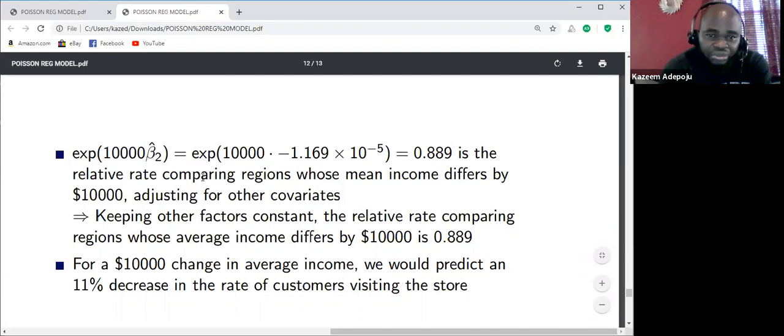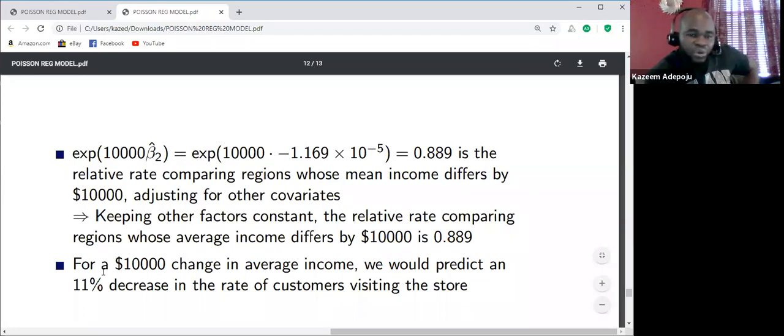Here, the rate is comparing regions whose mean income differ by $10,000, so I'm going to use 10,000 to multiply that before I take the exponential. That gives me 0.889. So that is a relative rate. Keeping other factors constant, the relative rate comparing regions whose average income differ by 10,000 is that.